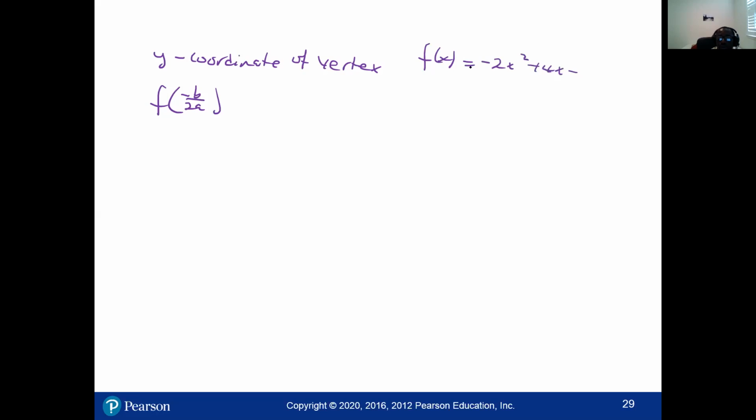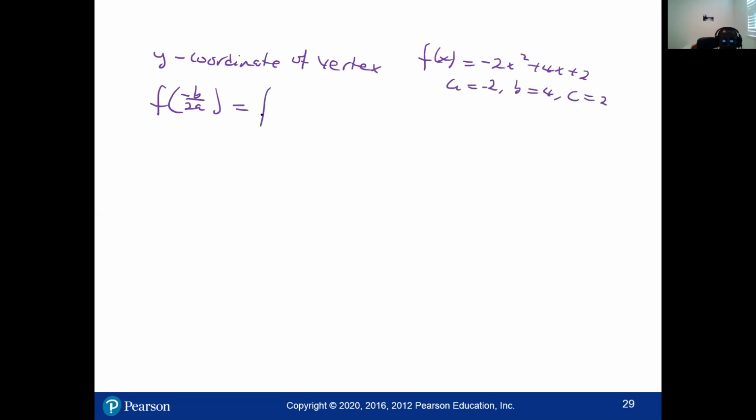So the y coordinate of the vertex is going to be f of minus b over 2a. All right, so for the function minus 2x squared plus 4x plus 2, your a again is minus 2, your b is 4, and your c is also 2.